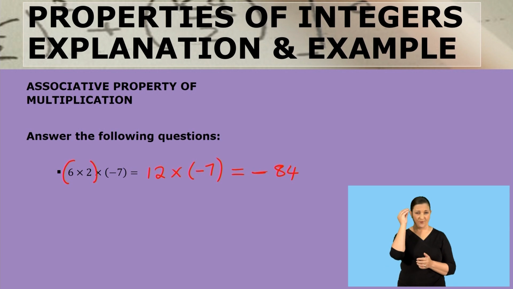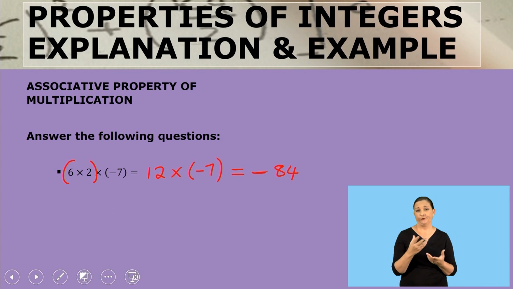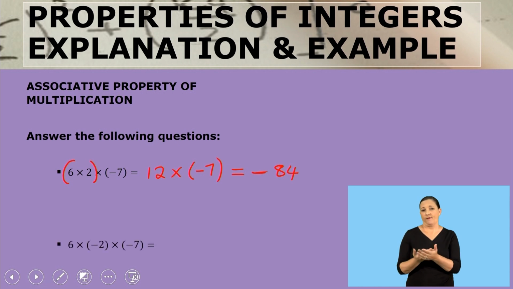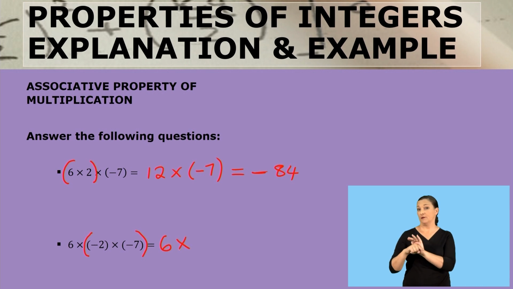And remember, with associative, we can choose to associate different numbers together, meaning I could have associated the positive 2 with the negative 7. Again, I have a positive 6 multiplied by a negative 2, and I multiply that with a negative 7. And if I associate perhaps the negative 2 with the negative 7, that will leave me with 6 multiplied by.